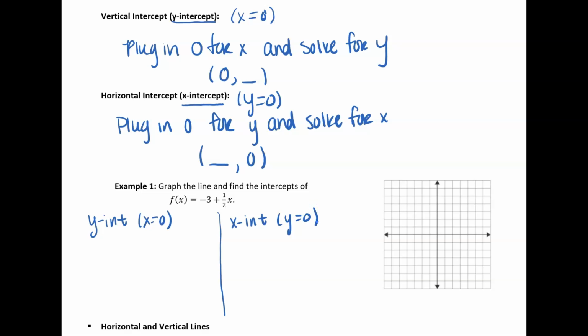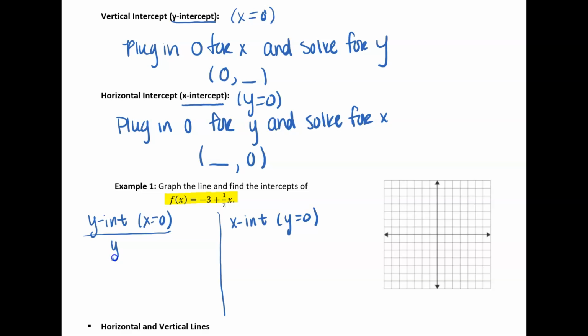Let's apply what we wrote up top here. I'm going to use my function here. Remember, when we're saying f of x, that's going to be our y value. That's just our formal way of writing the equation. So if I want to find the y-intercept, we're going to 0 out x.